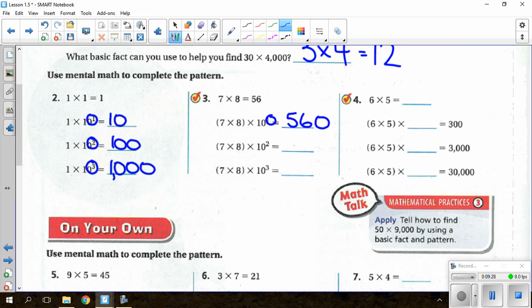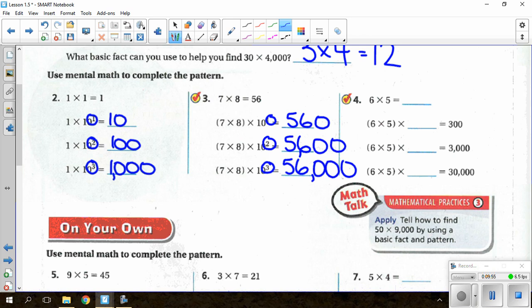Going to the next one down, 7 times 8, again equals 56. Times 10 to the second power, so the exponent of 2 tells me to add 2 zeros. And the last one down, 7 times 8 again is 56. And that times 10 to the third power, the exponent of 3 tells me to add 3 zeros.